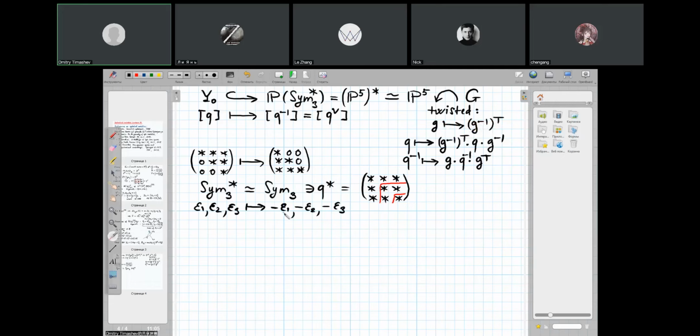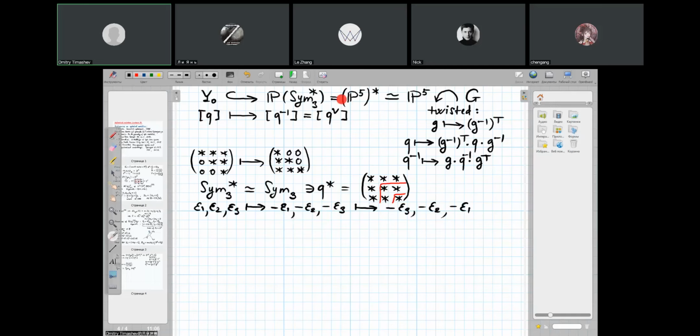So all matrix entries will be replaced by inverses, and this causes the minus sign here. And after that, when you rewrite the coordinates in the opposite order, this sequence of weights will turn into minus epsilon 3, minus epsilon 2, minus epsilon 1.